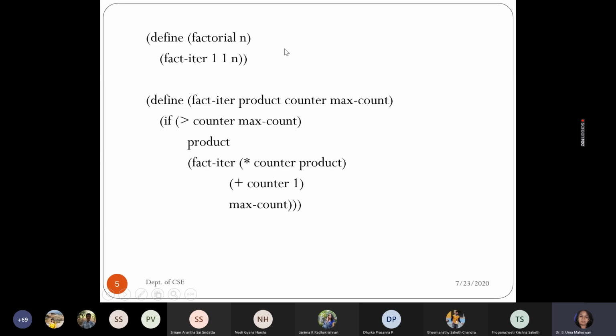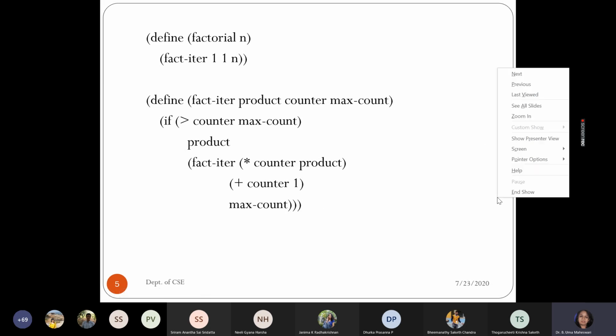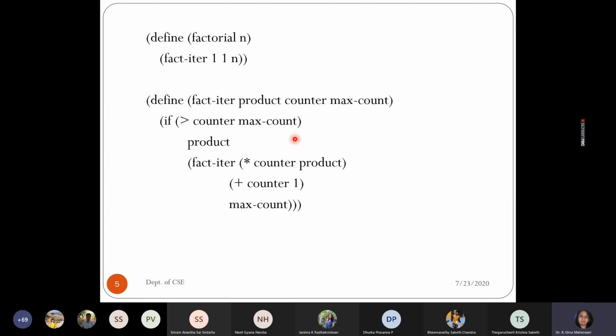I want to find out the factorial of 6, so it is calling fact-iter with 1, 1, 6. Looking at the content of this procedure, can you calculate the factorial or not? Let us look at fact-iter 1 1 6. It is calling fact-iter, and now there are terms like product, counter, and max-count.